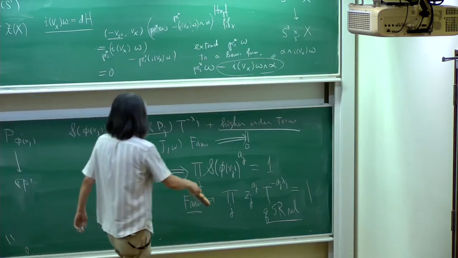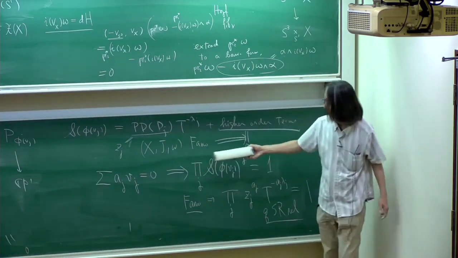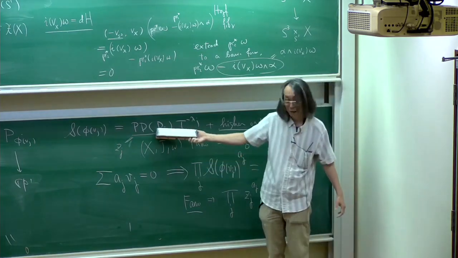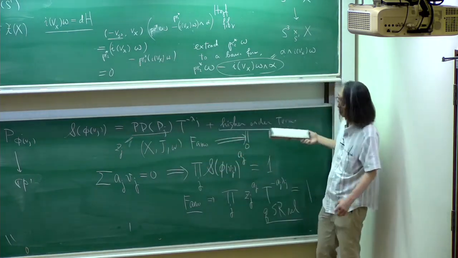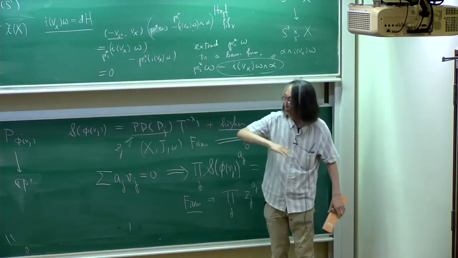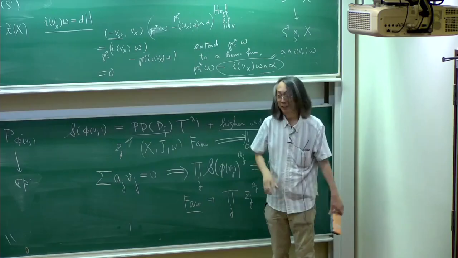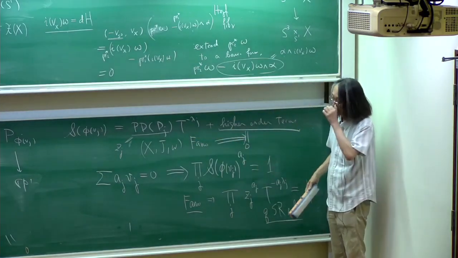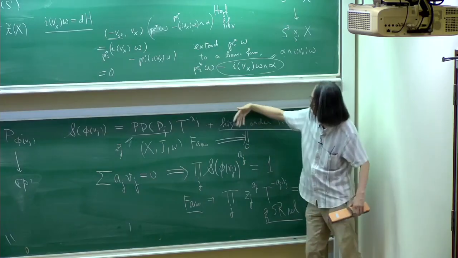And so this is okay for any time. But this one is not equal to this. So there are some other terms. So therefore, the image of this one is not just a Poincare dual of this dj, but maybe other homology classes. And so in the non-Fano case, you have other terms.